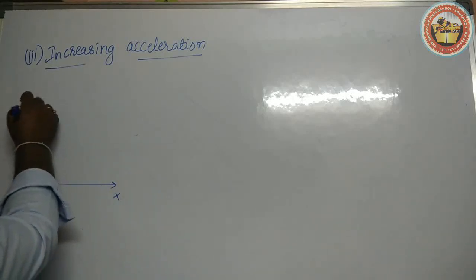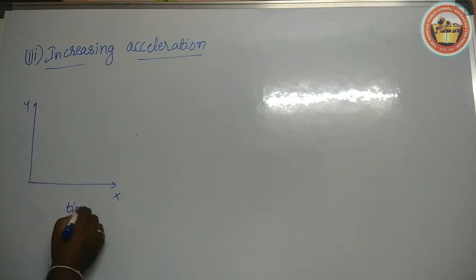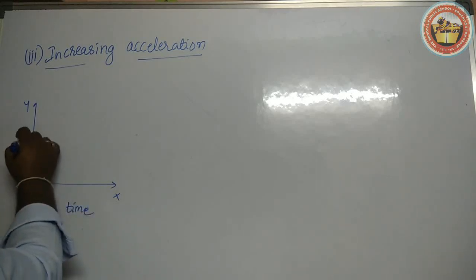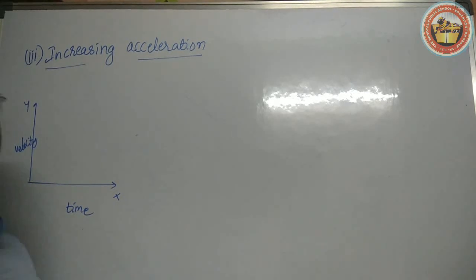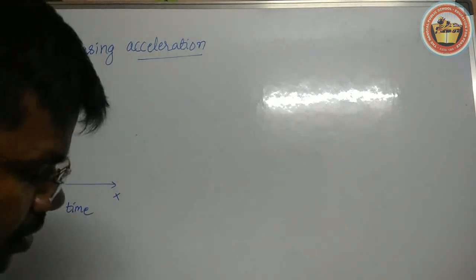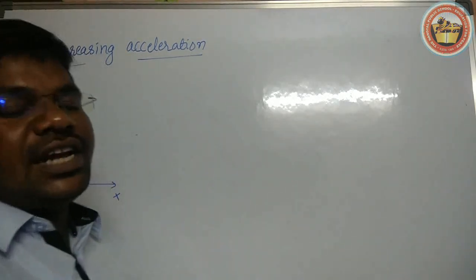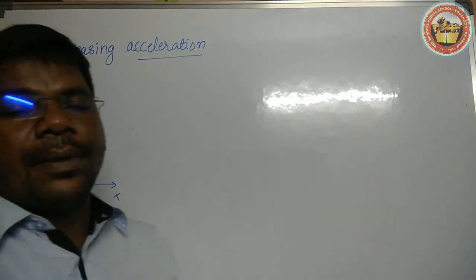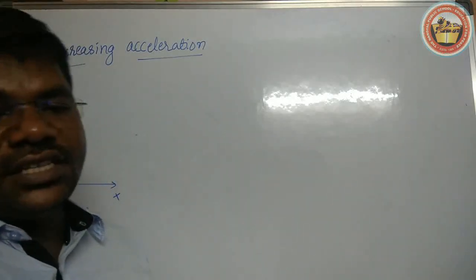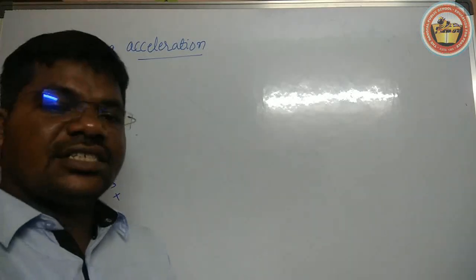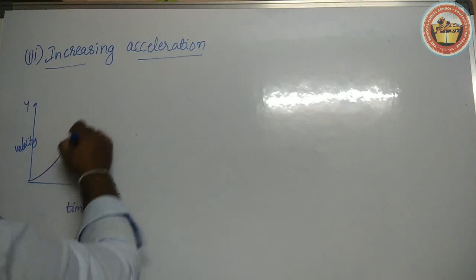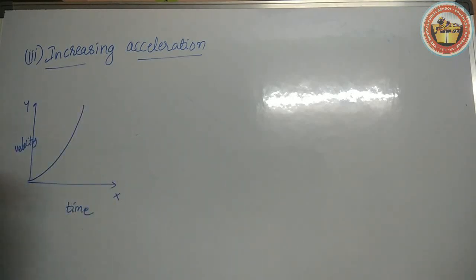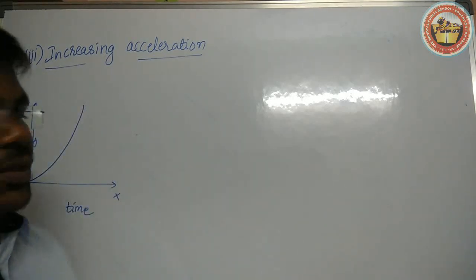On the x-axis we always take time, on the y-axis velocity. Increasing acceleration means the speed or the velocity of the particle increases continuously. Understand? Like this. Okay, next.